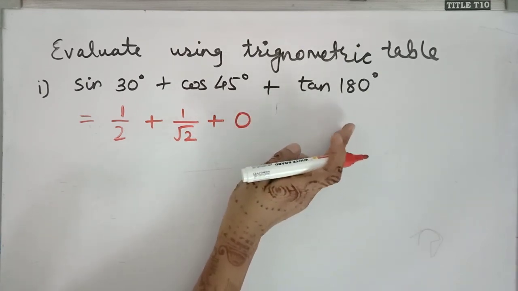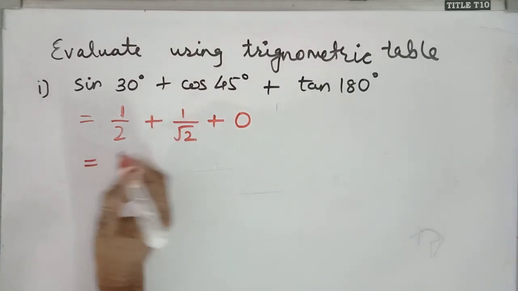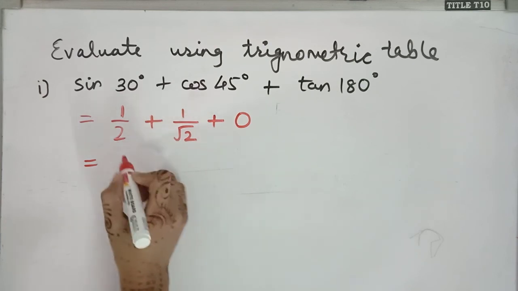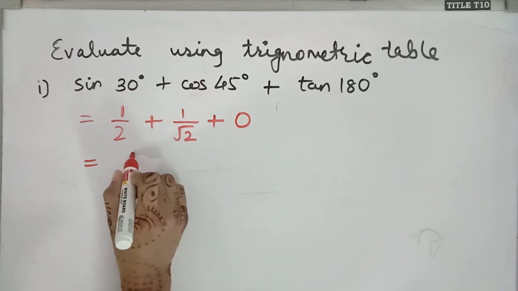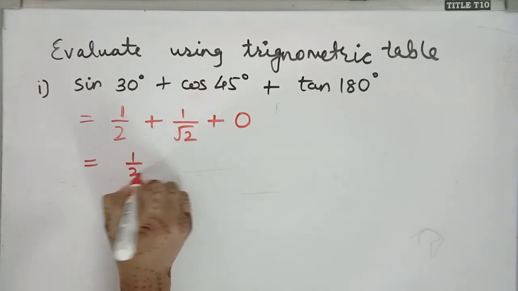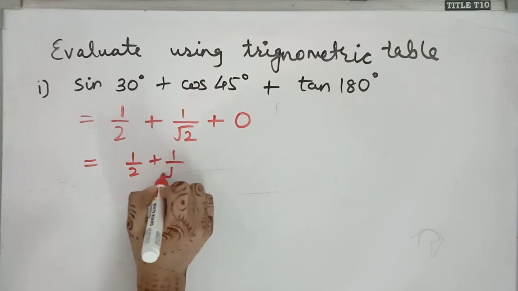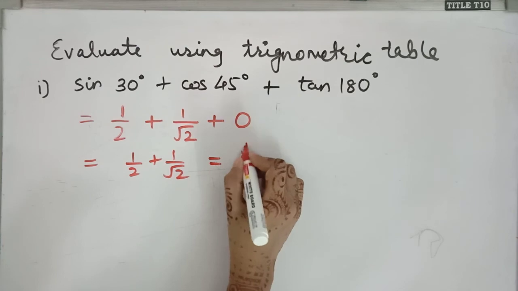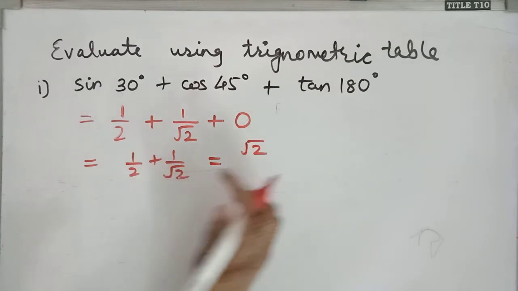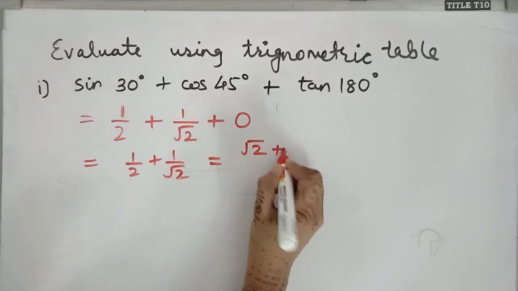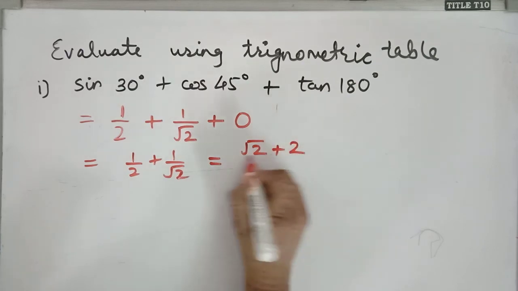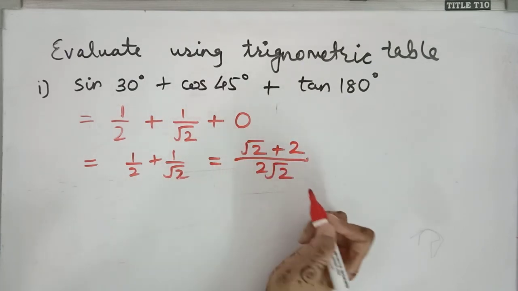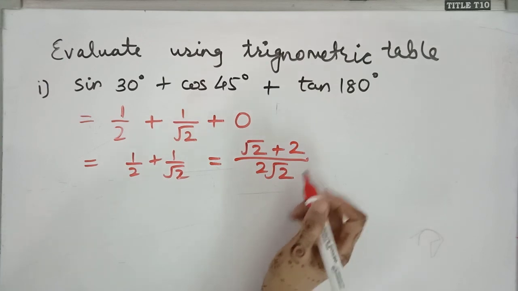So this answer will be 1 upon 2 plus 1 upon root 2, which is equal to, we will cross multiply it. This will become 1 into root 2 is root 2 plus 1 into 2 will be 2, upon 2 into root 2. Now we can simplify it further.